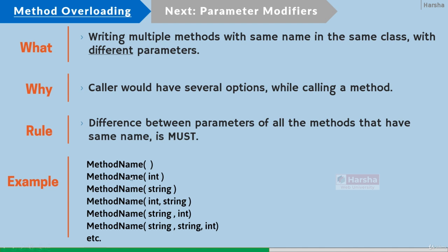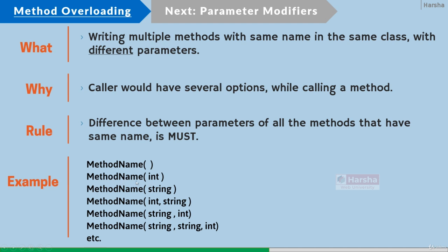But the rule that you must follow while defining method overloading is that all the methods must have the same name but with different parameters. You cannot define any two methods that have the same name in the same class with the same type of parameters. Here, parameter names don't matter, only parameter types are important.